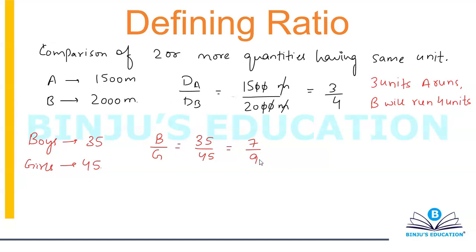It's simply a comparison. You can have more than two quantities also. For example, let's suppose container 1 has 150 ml of milk, container 2 has 250 ml of milk, and container 3 has, let's say, 450 ml of milk.